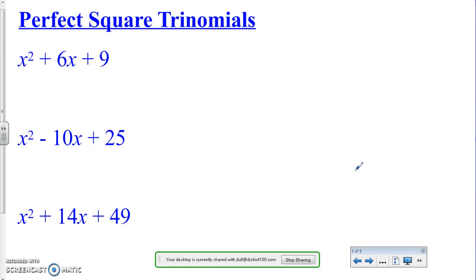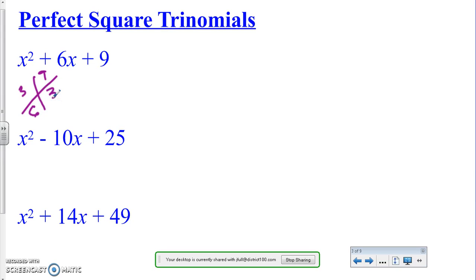If you notice, we have a trinomial here. So if we go to factor the trinomial, we're going to have a 9 on top of the x and a 6 on the bottom. So we need two numbers that multiply to give us 9 and add up to 6. Those two numbers would be 3 and 3.